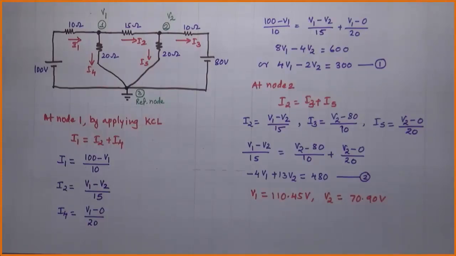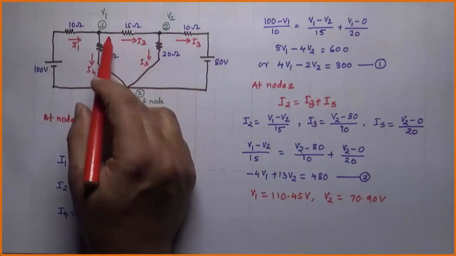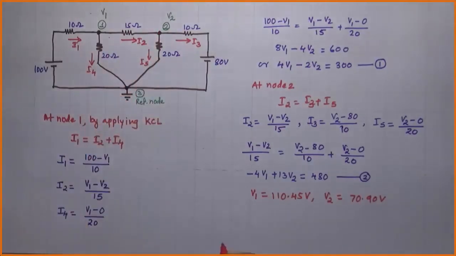Hence, the current through 15 ohm resistance will be I2, which is given by I 15 ohm is equal to I2, which is given by V1 minus V2 by 15.